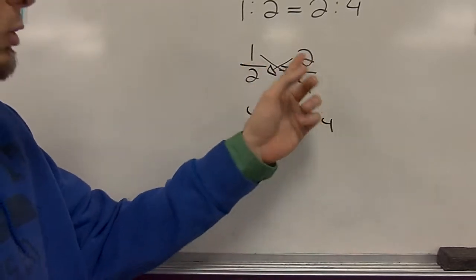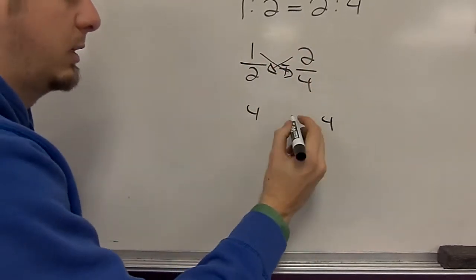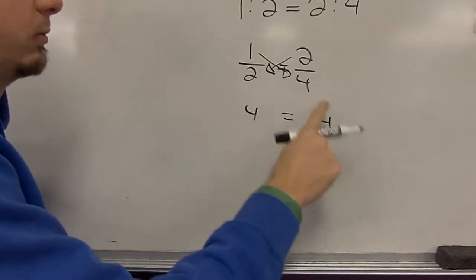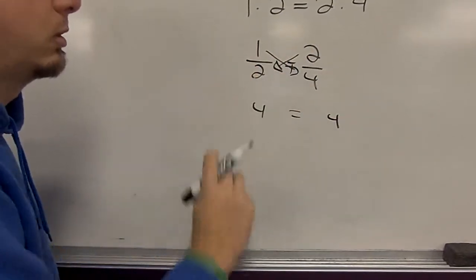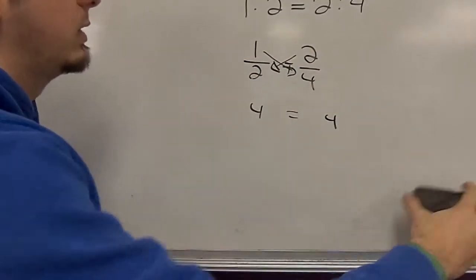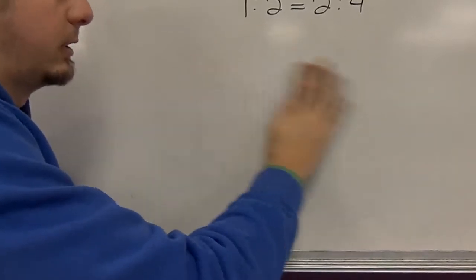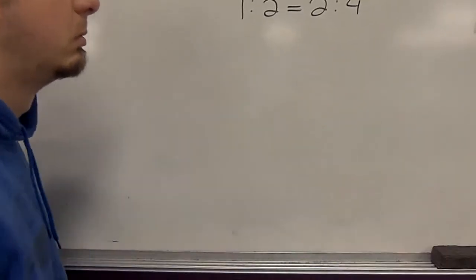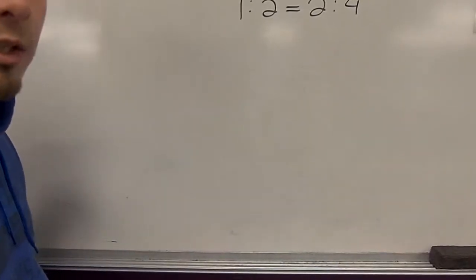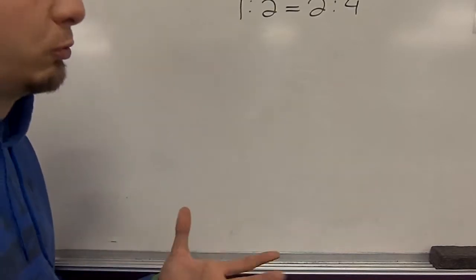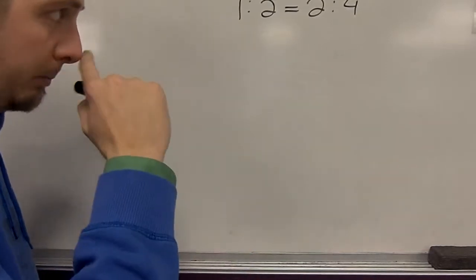The product of each cross multiplication will get you the same thing. You'll get equal answers. And that will happen with any set of equal ratios, or equivalent fractions, or proportional ratios is what you would say.